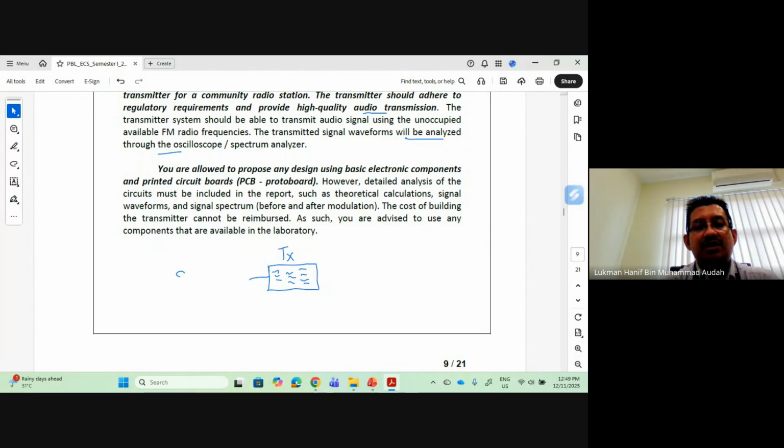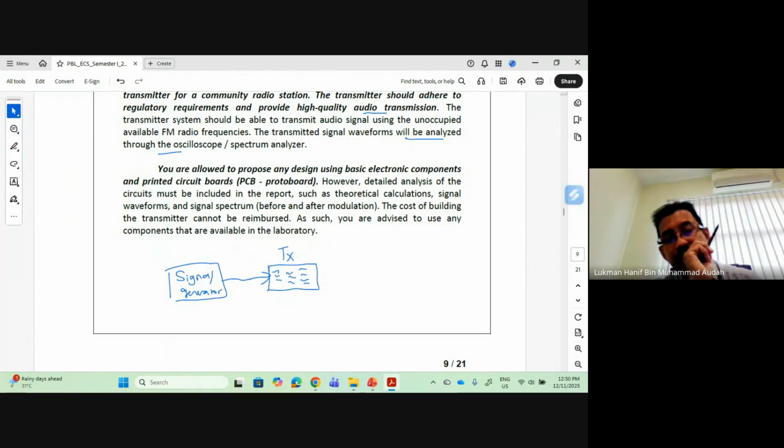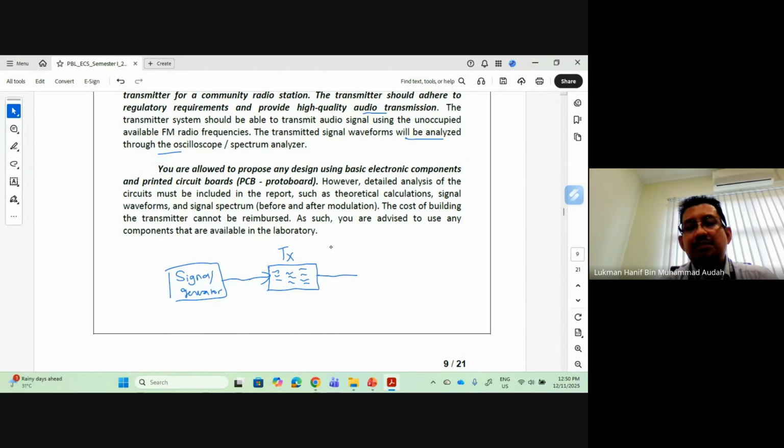Here is the signal generator. The signal generator would be input to your transmitter, and your transmitter should be able to transmit at frequency between 88 until 108 megahertz.